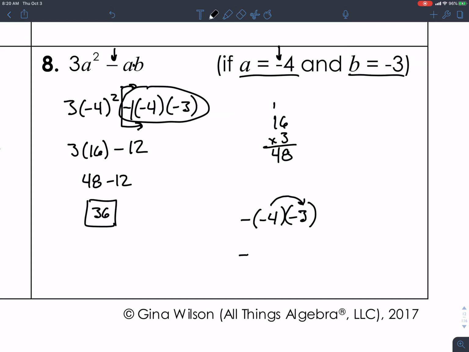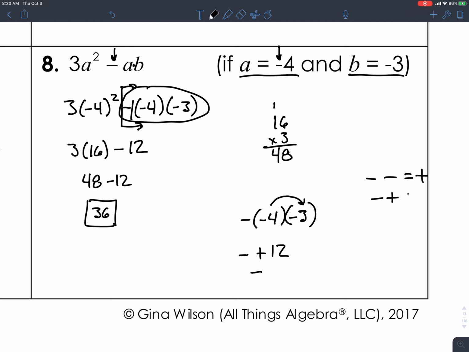It's a positive. I don't have to write the positive. Positives you don't always have to write unless you actually need a symbol between two numbers. But I could write it. I could say positive. 4 times 3 is 12. So this negative and a positive, when I combine a negative and a positive, I end up with a negative. Because remember, a negative and a negative gives me a positive.